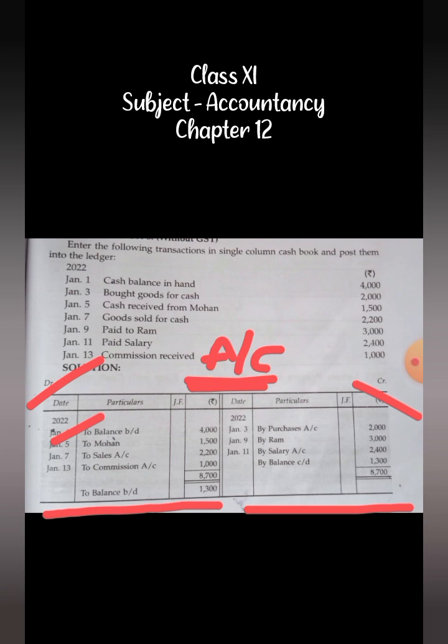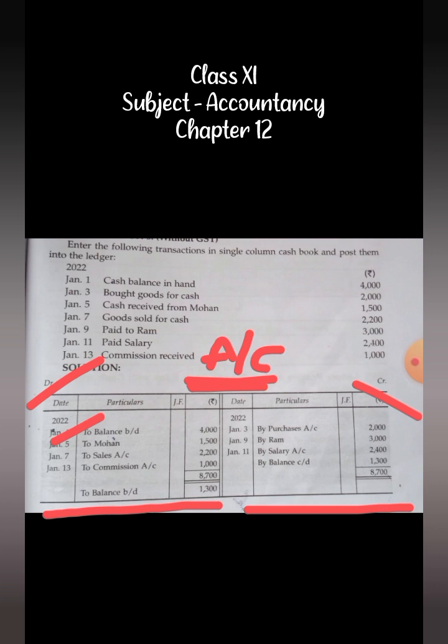If there is a liability, then we know that liability is a credit balance, so we record the opening balance on the credit side. Debit balances mean asset-related balances, and credit balances mean liability-related balances, as we discussed in previous chapters.